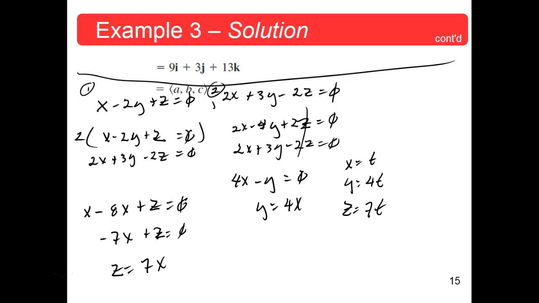Now, if you remember, what we're looking for is a line, and the coefficients of your parameters are your direction numbers. That's what they call them. I like to call them direction components, but they call them direction numbers.